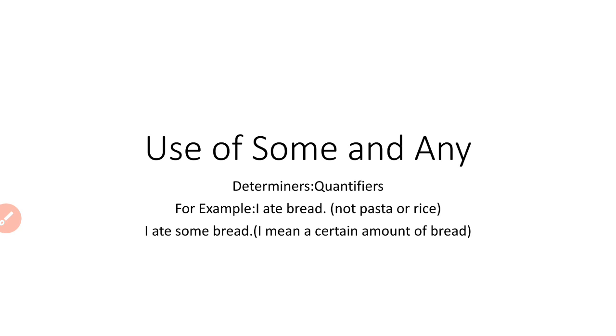How much bread have I eaten? Some bread. I ate some bread. So students, determiners determine the meaning of the noun. Here the meaning of bread, which is the noun, is determined: some bread. Determiners are always used before the noun.